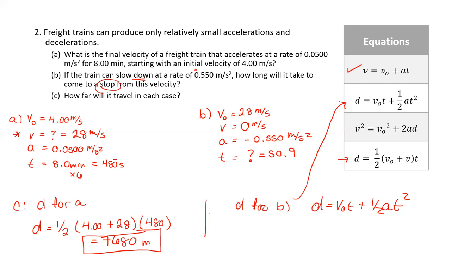All right. So what are we doing to calculate? So distance equals V naught is 28 times a time of 50.9 plus 1/2 of negative 0.55. Make sure you keep the negative, and 50.9.